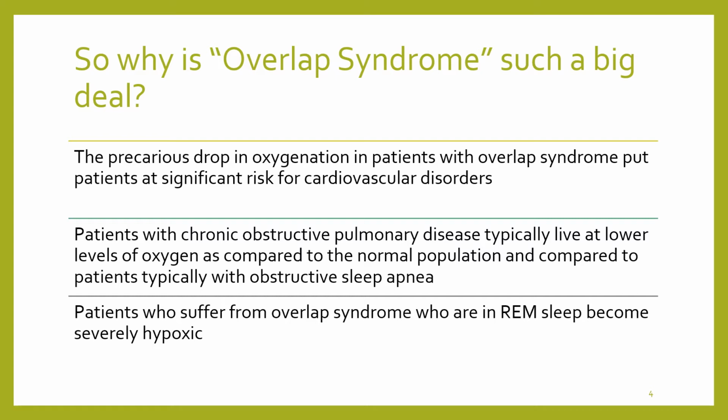They've done some studies with patients where they did some pulse oximetry on them, and the patients who started going into REM sleep really became hypoxic, especially in this group. And the idea is, if you become extremely hypoxic, there's a whole host of cardiovascular disorders that can impact you, and we'll get a little bit more into that in the next slide.